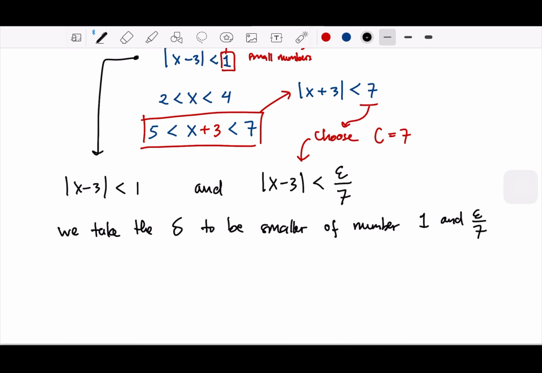And usually we write these terms in a way that we write delta, min, 1, epsilon over 7. Meaning, we take the delta to be smaller than 1 and smaller than epsilon over 7. Okay.